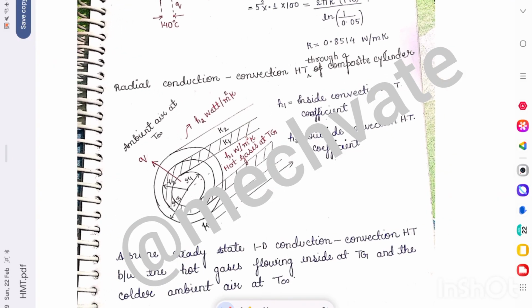Radial conduction and convection heat transfer through a composite cylinder. If there is convection, as we studied for the case of the slab, that both conduction and convection heat transfer occur for the slab, so for the cylinder also, if the same thing happens, we can follow the same procedure.